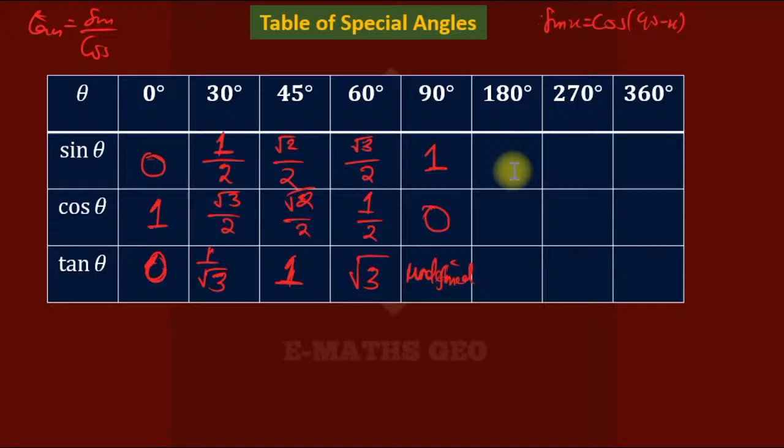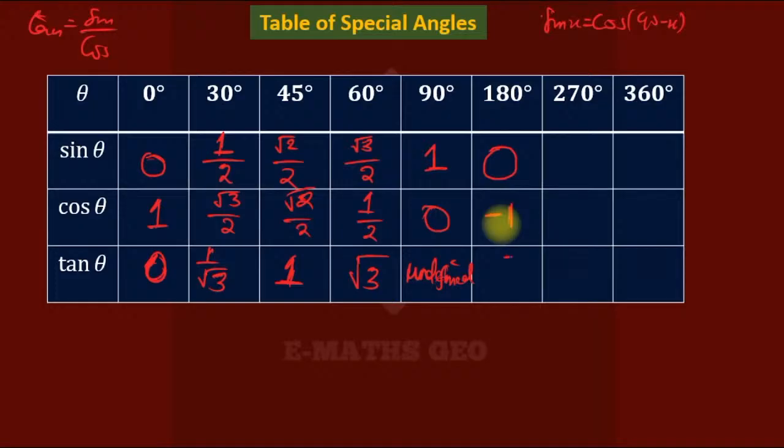But remember, only sine is positive there. Cos and tan are negative. So sine 180 is equivalent to sine 0, which is 0. And cos 180 is equivalent to minus cos 0, because cosine is negative in the second quadrant. And cos 0 is already 1, so it is minus 1.